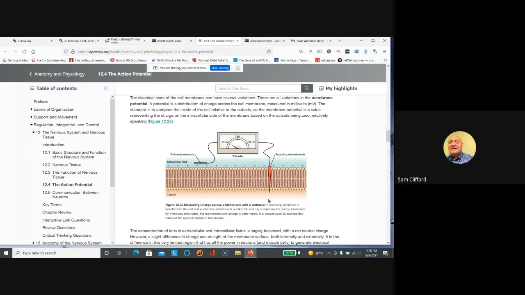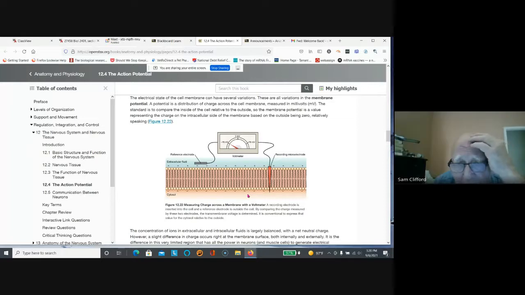So even though potassium can move out and sodium can move in, overall the inside has what's called a resting membrane potential of minus 70 millivolts. With a voltmeter, a reference electrode and this very fine recording microelectrode, you can measure that the inside has excess negative charge.